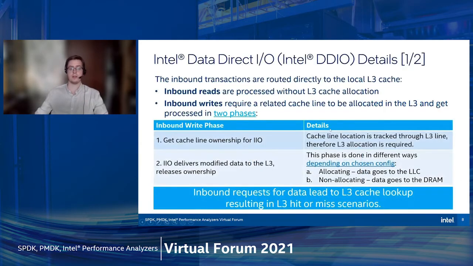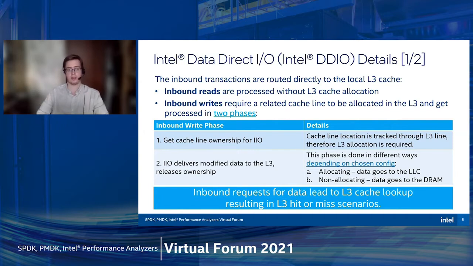So let's see what stands behind Intel Data Direct IO, how it works at the platform level, and what possible pitfalls might happen in the IO intensive applications. Inbound transactions, like I said, are routed directly to the local L3 cache, and there is a little difference between how inbound reads and inbound writes are processed on the platform.